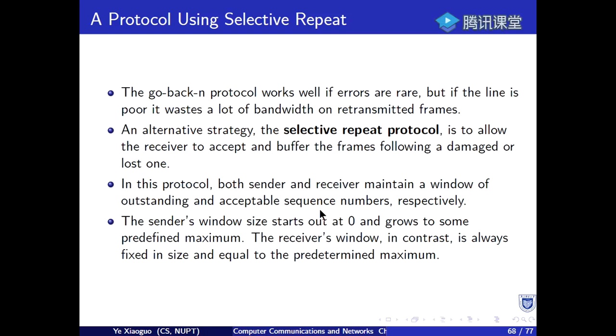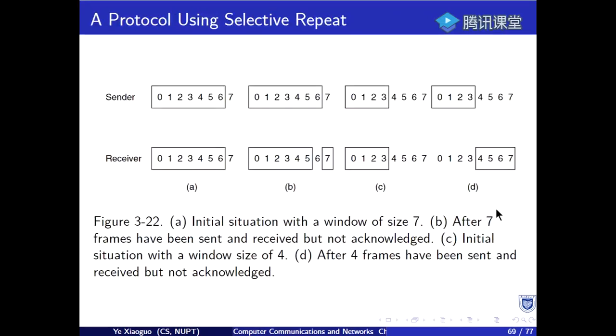The receiver's window, in contrast, is always fixed in size and equal to the predetermined maximum. Here, figure 22 illustrates the selective repeat protocol.